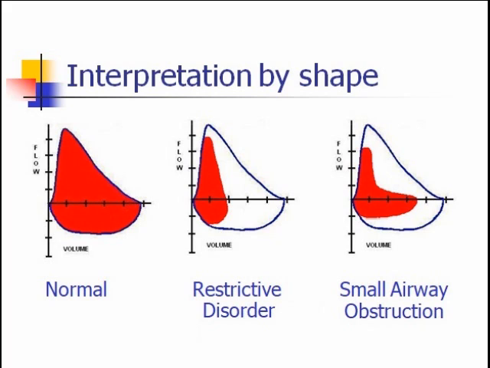Now, in small airways obstruction, you get this loop that is not as high in the peak flow and not as far to the right as the normal volume. But then again, because of this loss of flow from the small airways, you get this scooped out looking loop.